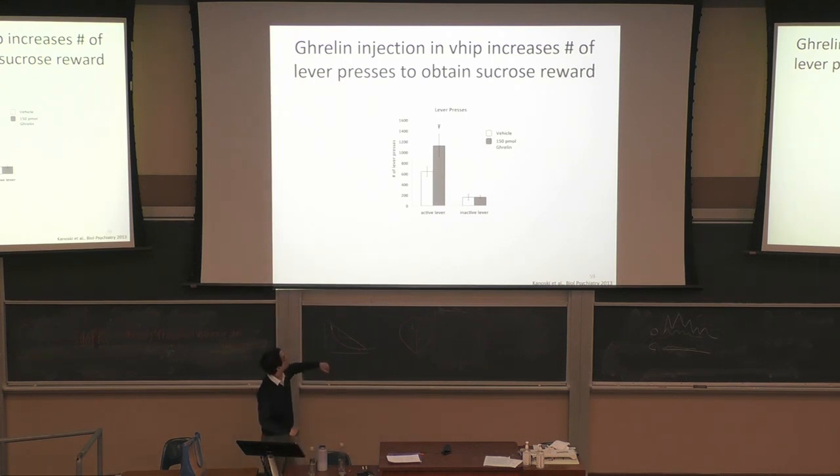And they find that yes, the mouse does more lever pressing to get food, and it presses the correct lever that gives food and doesn't press more of the inactive lever that doesn't give food. That's a good control because it shows that the ghrelin injection is not just causing indiscriminate pressing of levers, it is causing specifically pressing of levers that give food.